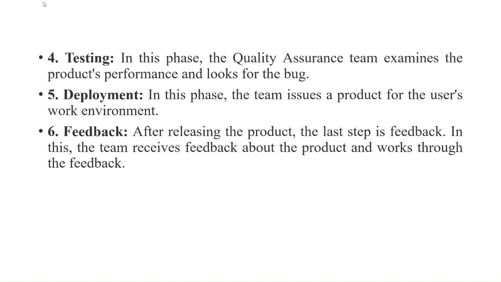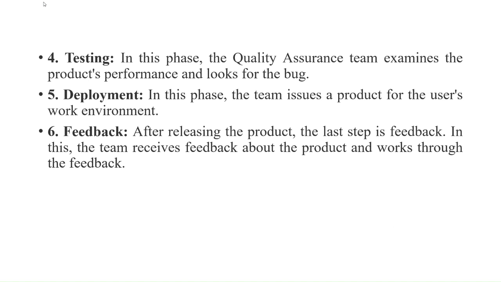Next, testing. In the construction phase, we are writing the code. If any errors or bugs are found, we debug them in the testing phase. We test each part of the code. We have different types of testing, like unit testing, integration testing, system testing, functional testing, etc. Unit testing means we test a small part of the code and check whether it is running properly or not.